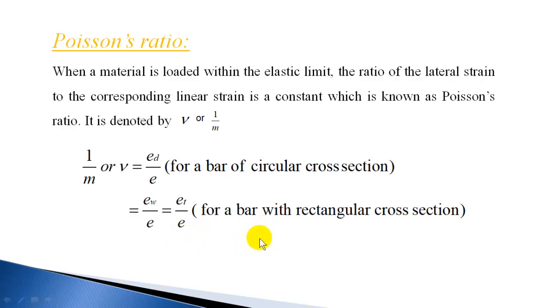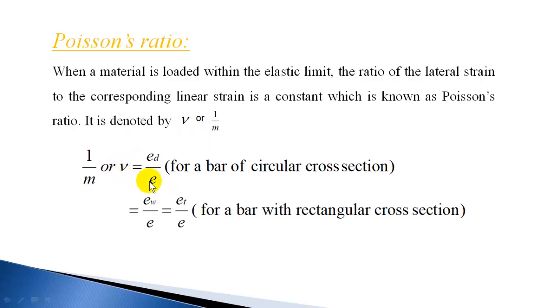So if you know the Poisson's ratio and linear strain, you can find out the lateral strain. So lateral strain is Poisson's ratio into linear strain. So Poisson's ratio gives indication of how much the lateral dimension is changing.